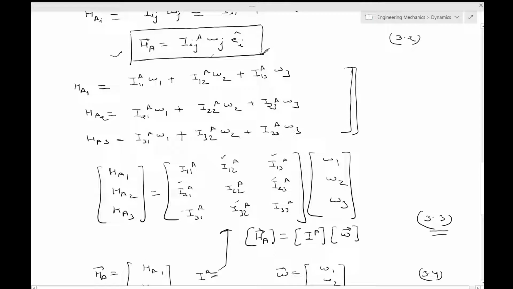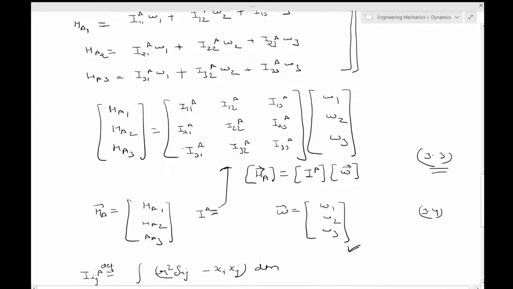You would just have H_A1 equal to I_11A omega 1, that's all. H_A2 would only be I_22A omega 2, and H_A3 would be I_33A omega 3. So we want to see how we can diagonalize this I_A matrix, just so that it becomes much simpler.